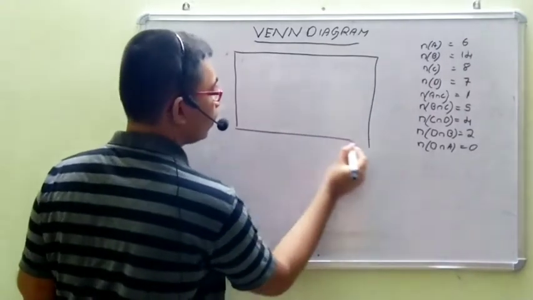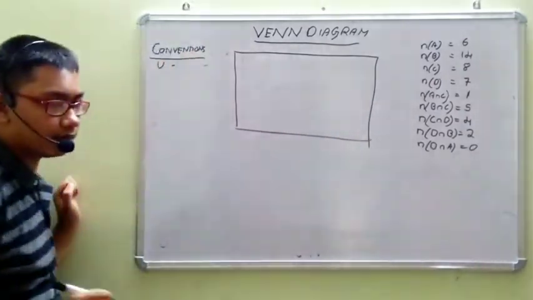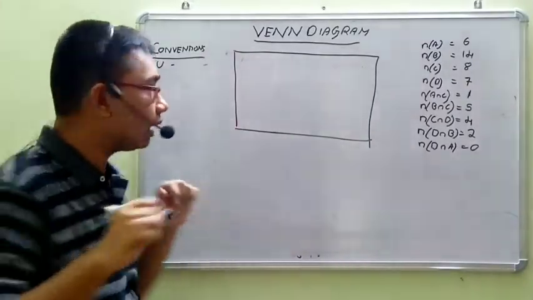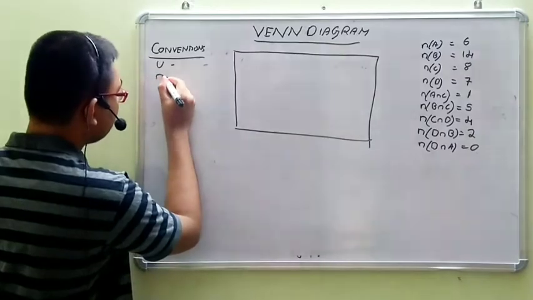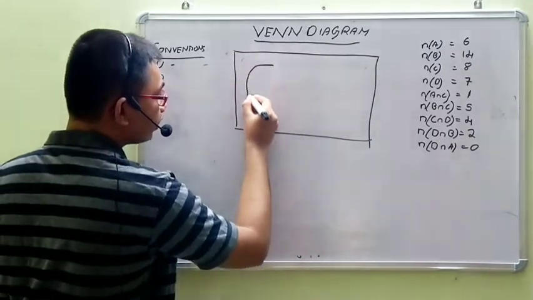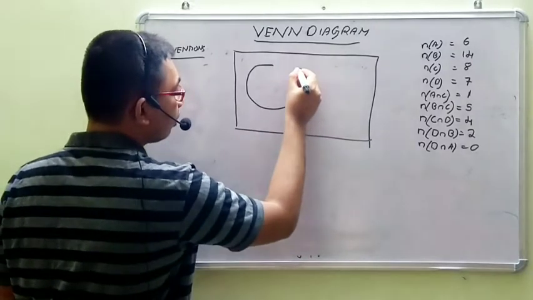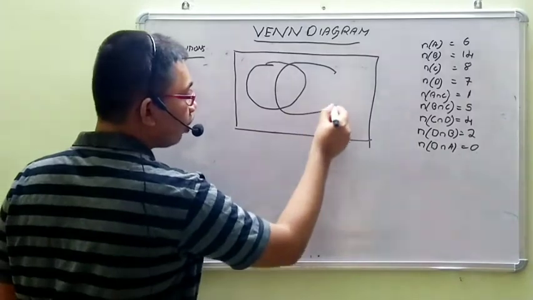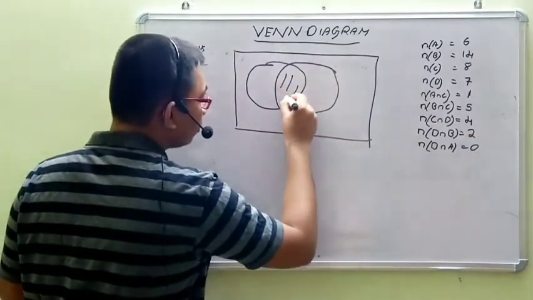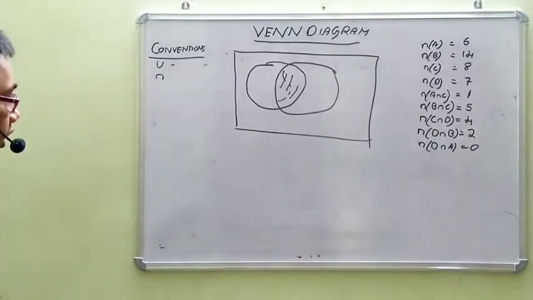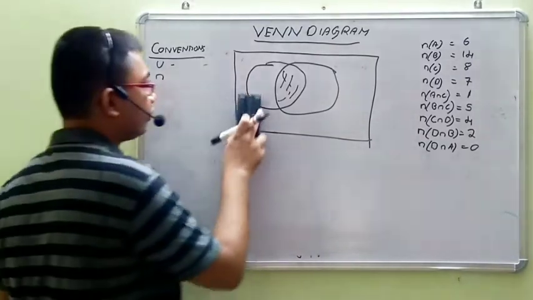Now the intersection convention: if we have to draw A intersection B, then we will draw A like this, and A intersection B will have some common area. This part is called A intersection B. This is the intersection convention.